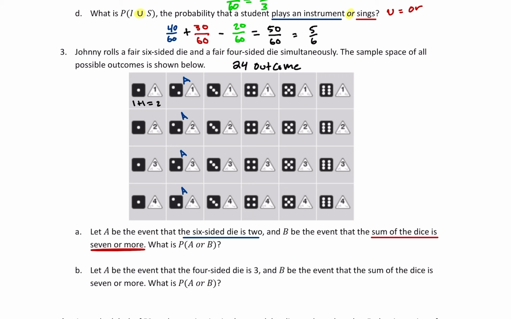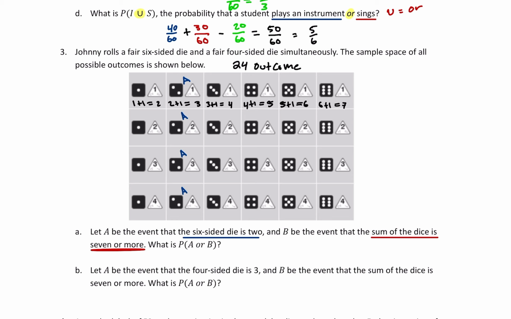This 6-sided die is 2 and this 4-sided die is 1, so that gives me 3. This is 3 plus my 1, that gives me 4. 4 plus 1 gives me 5. 5 plus 1 gives me 6. And 6 plus 1 gives me 7.